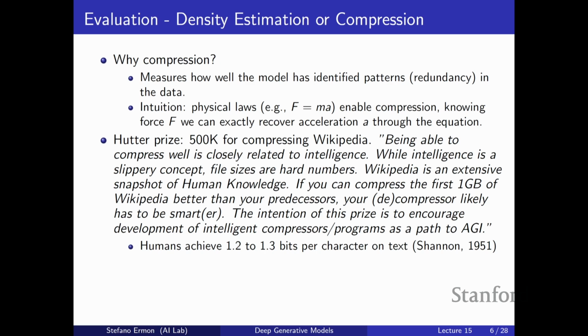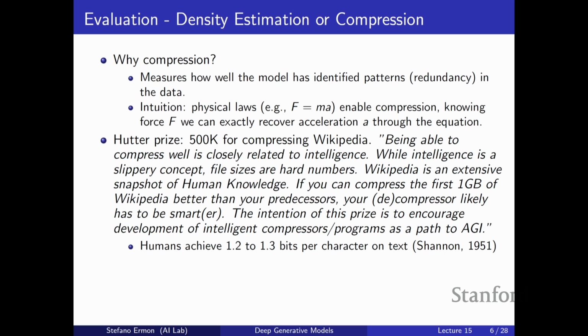And indeed, you can actually compare how well humans do at this. How good are humans at compressing text, right? There's actually an experiment that Shannon did many years ago, and he was very interested in this kind of topic on compression, and he invented the whole field of information theory. He actually did experiments checking how good humans are, since they have a lot of knowledge, a lot of context.